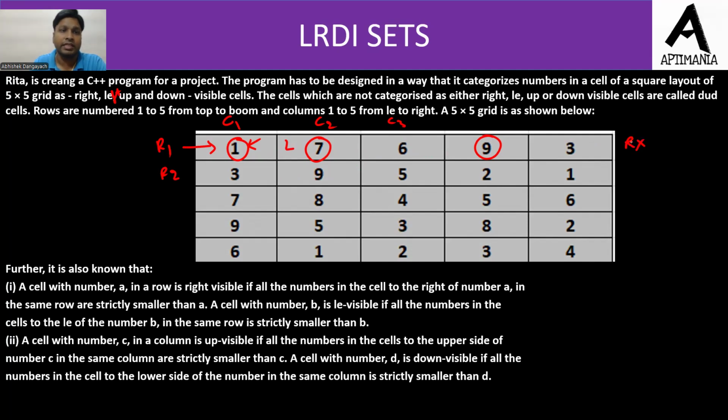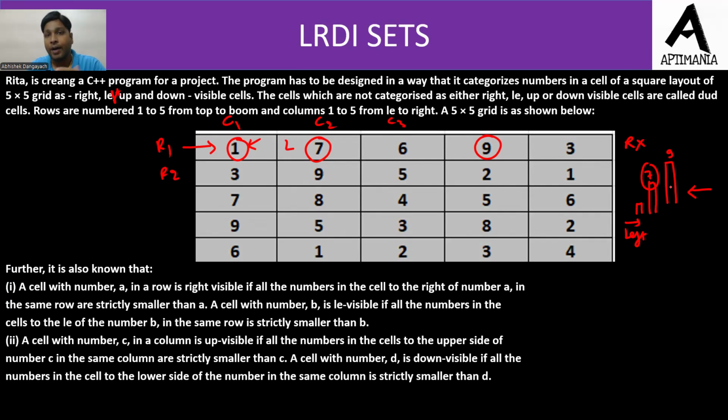Now understand it this way: this is the height of the building. Obviously a building of height 1 means you can see the building of height 7. So this is visible from left. But if we have a building with height 9, we cannot see this 7 from the right hand side. So this is not right visible. So this is how the set is given, and the same goes for up and down visible as well.